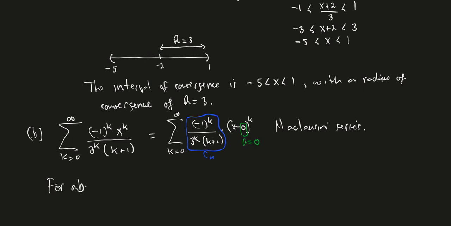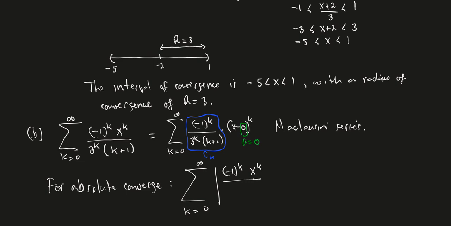So for absolute convergence, because that's what we want, right? We're going to look at this series. So I'm just going to put absolute values around everything, and then as we did in the past, we can simplify as much as possible. So we have 3 to the k, and then k plus 1, like this, right?